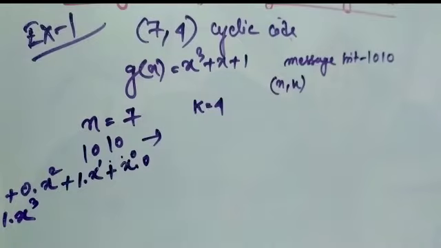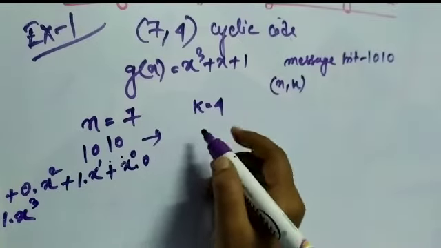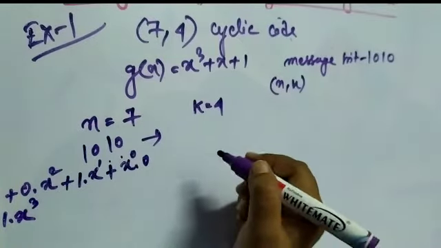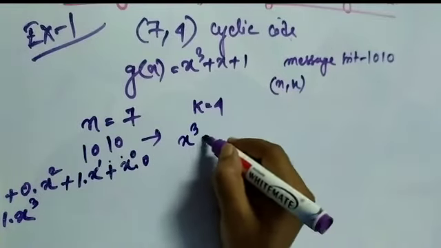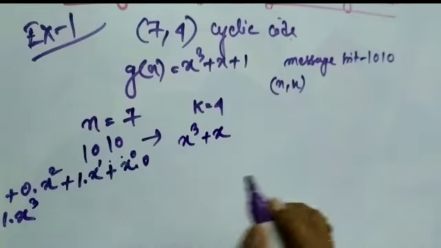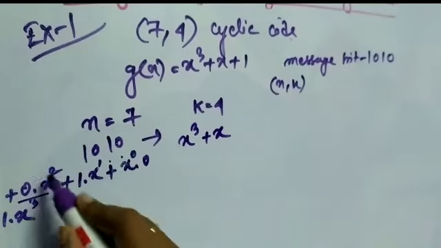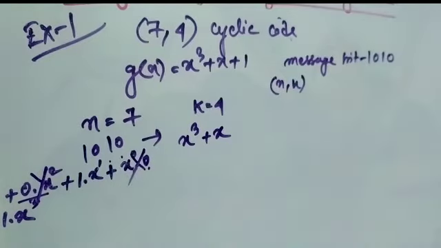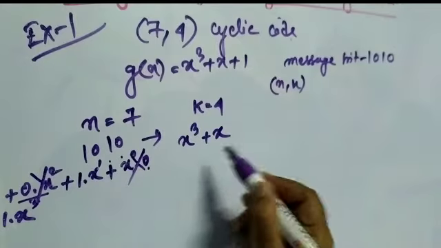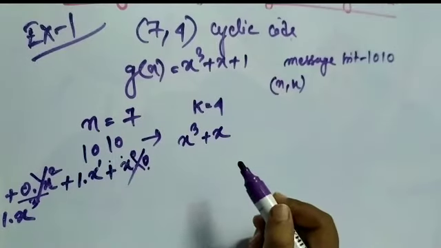So after addition, the ultimate message polynomial becomes x cube plus x. Because it is 0, therefore it cancels, and it is also 0, therefore it is also cancelled here. So our message polynomial is x cube plus x.